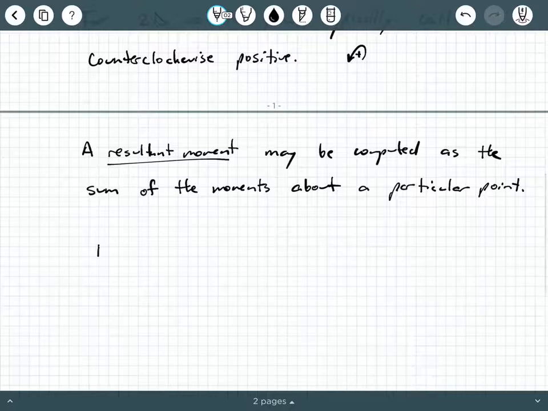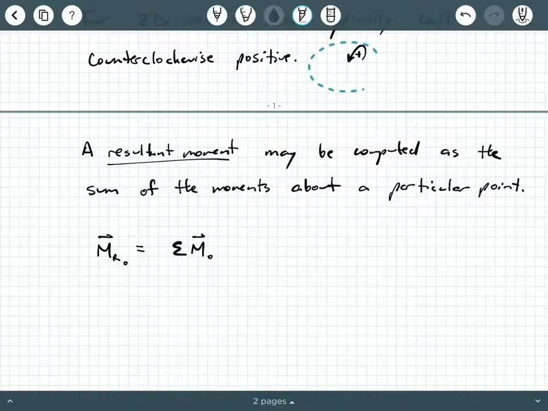So, for example, we can say a resultant moment about a point O is equal to the sum of all the moments about point O. And another thing to keep in mind, notice how I drew this. Moments are vectors, right? They can have a magnitude, and of course they can have a direction. I talked about how the directionality of a moment, counterclockwise, is typically positive.